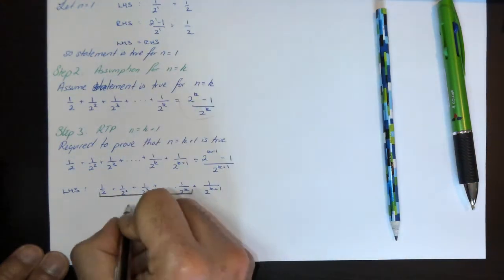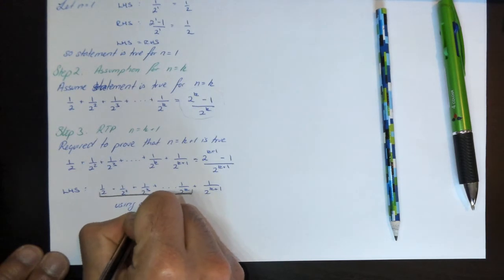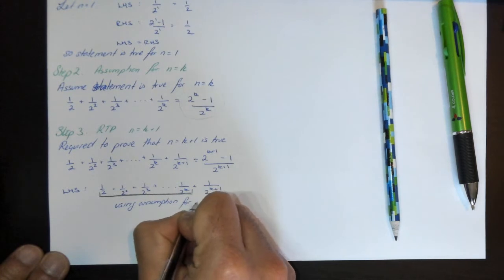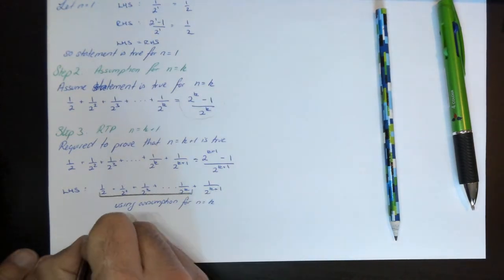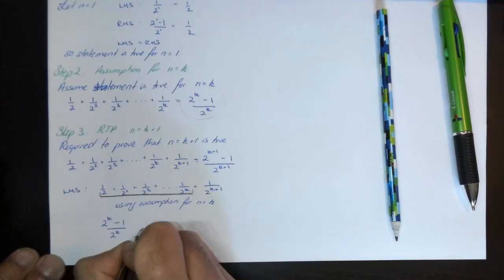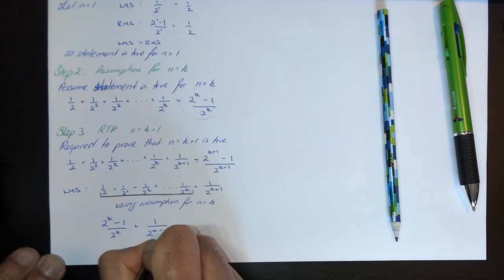So I'm going to state using my assumption, we get 2 to the power of k minus 1 over 2 to the k plus 1 over 2 to the power of k plus 1.